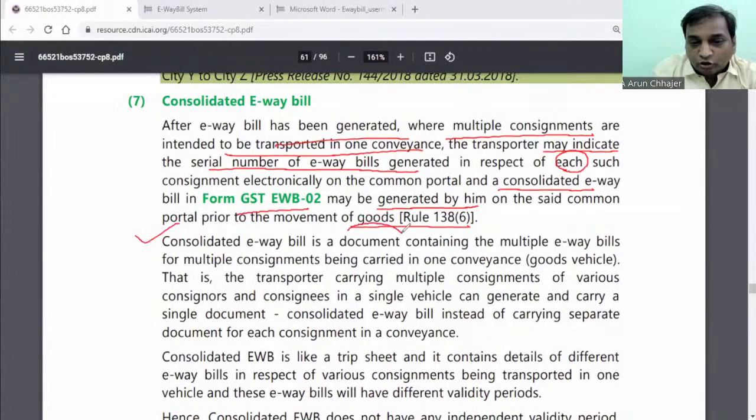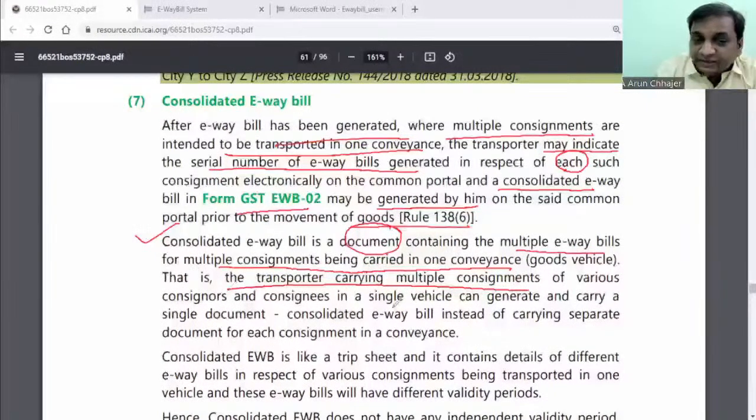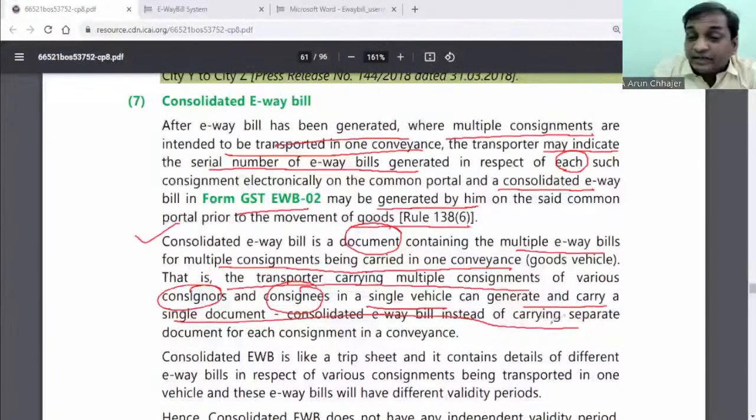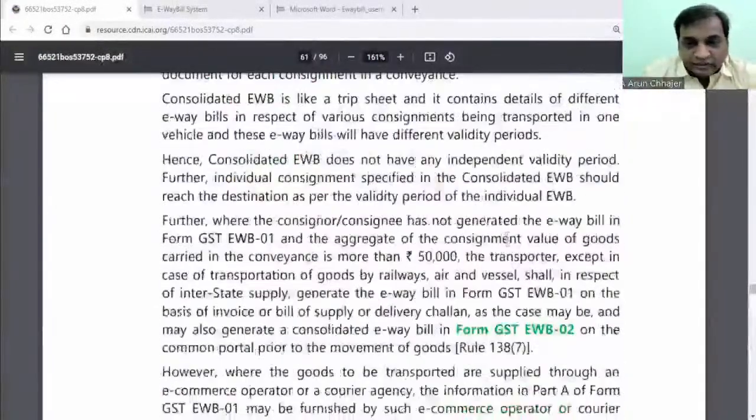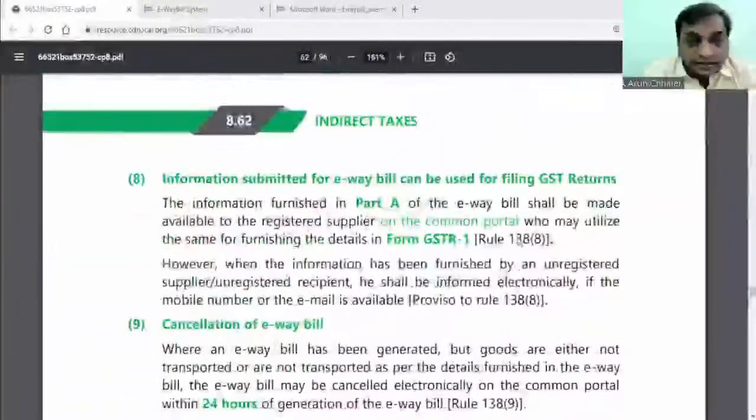The consolidated e-way bill is a document containing multiple e-way bills for multiple consignments being carried in one conveyance, one goods vehicle, one truck. That is, the transporter carrying multiple consignments of various consignors and consignees in a single conveyance can generate and carry the single document, the consolidated e-way bill, instead of carrying a separate document for each consignment. So you can read the theory; I have explained the provisions.